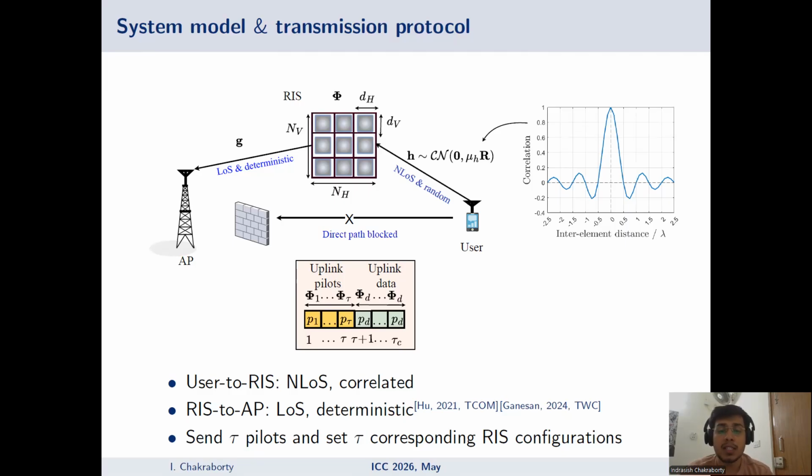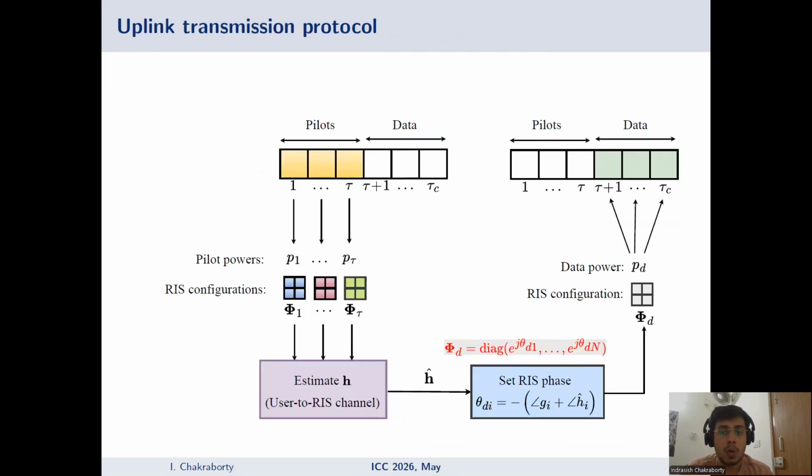So we consider a coherence time of tau c, and in this coherence time interval, in the first tau time intervals, we send the pilots. Now let us look into the transmission protocol in an elaborate way. So this is our transmission protocol.